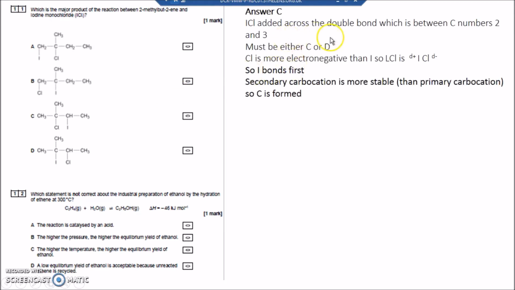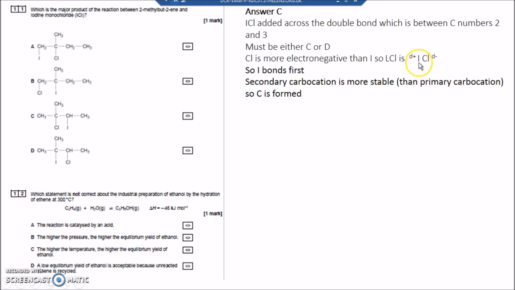Let's just show you that. So it's delta plus on the I and delta minus on the Cl, just like I had HBr, with Br being more electronegative than the H and ended up with a delta minus on the Br and a delta plus on the H. That's the way this goes because Cl is a smaller atom than I and would end up with the delta minus across this polar bond.